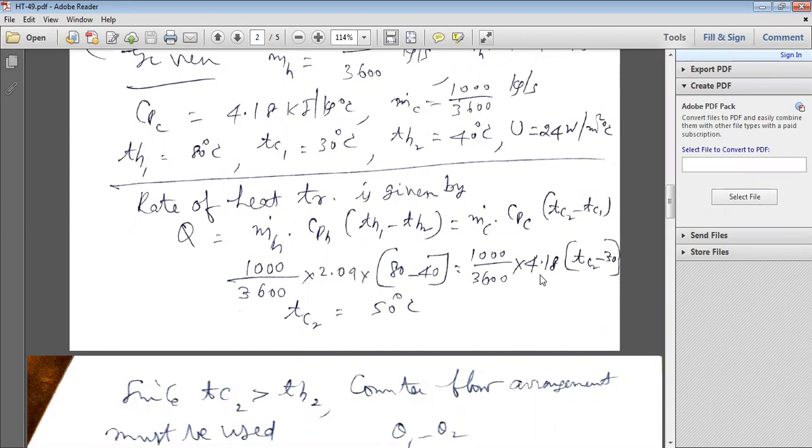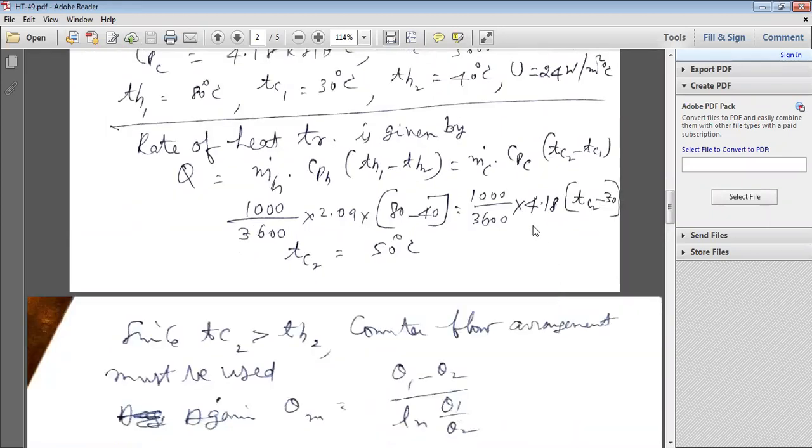Otherwise, you have to multiply by 1000 on both sides, and the 1000 gets cancelled. So after calculation, you get TC2 as 50 degrees centigrade.